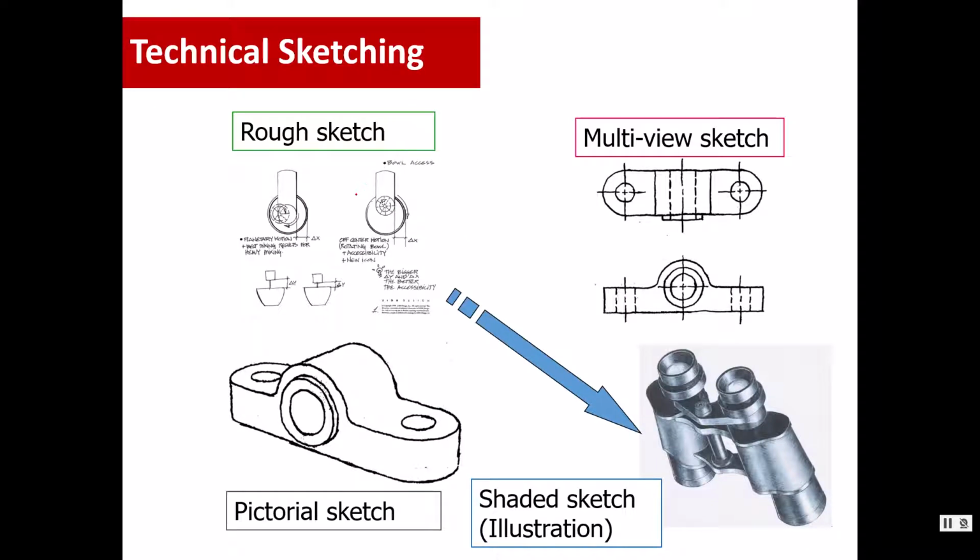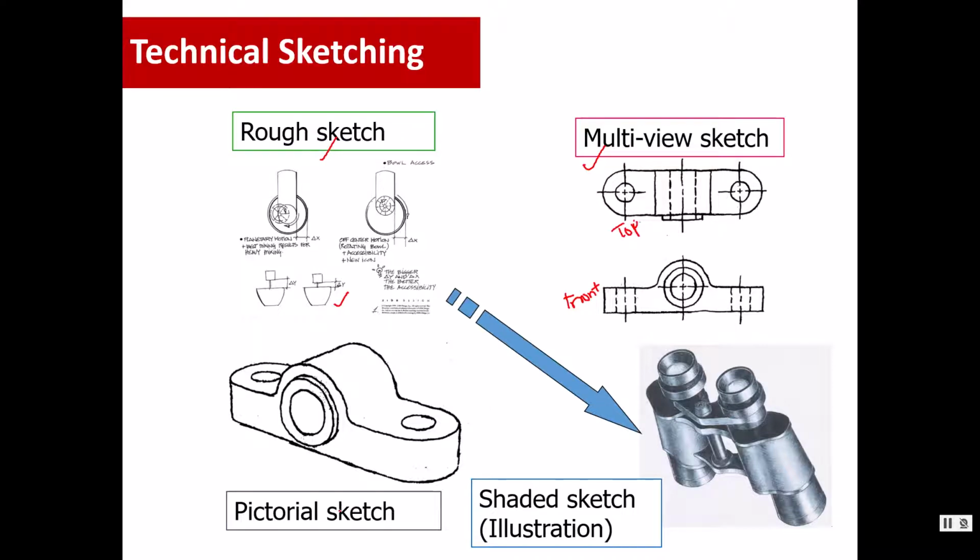So there are a few different types of sketching. We can start first with the rough sketch. You can see here, this is just a rough sketch to give you some idea, or it can be a multi-view sketch. So this is a front view, and this is a top view.